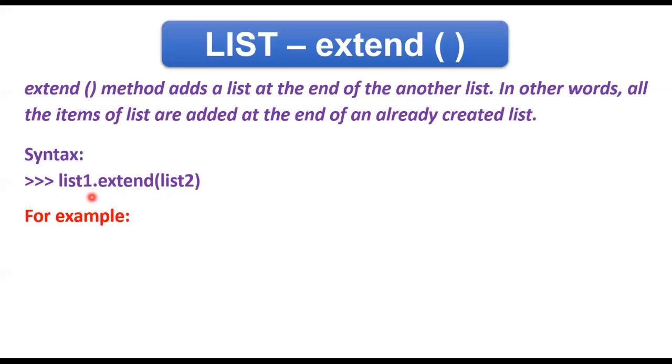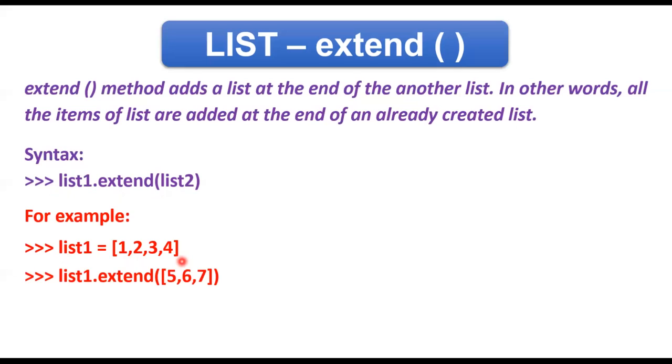For example, we have list1 having 4 elements inside it. Now, we are writing list1.extend with 5, 6 and 7. That means these 3 elements are written over here in the form of a list. So we have one existing list, and another list we are going to extend in list1.